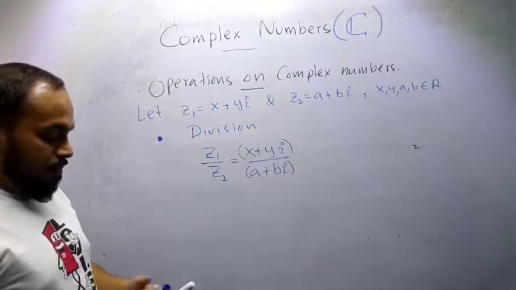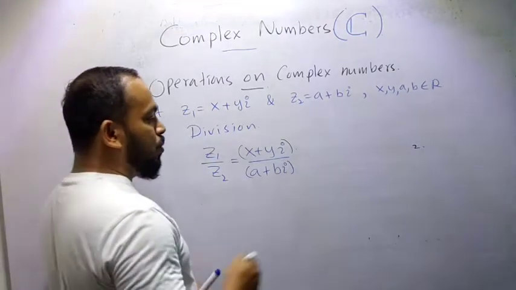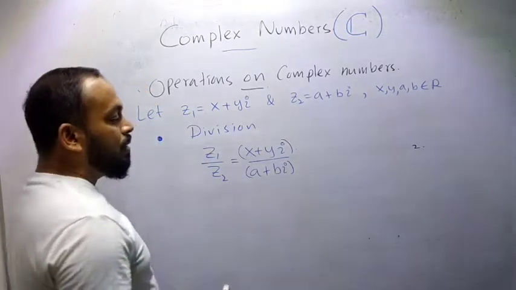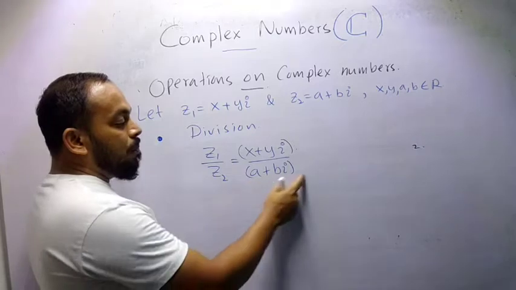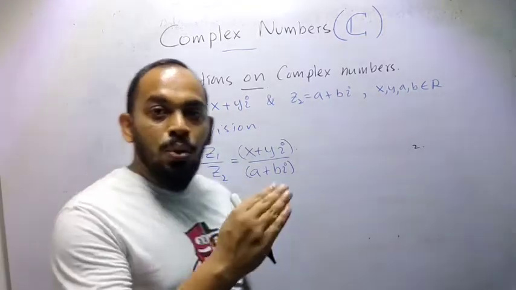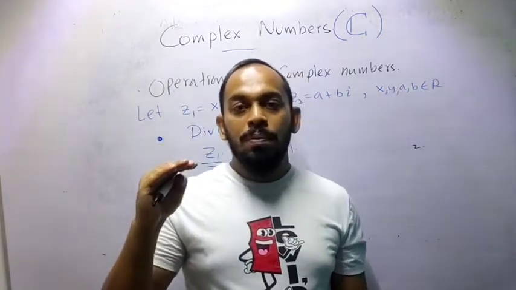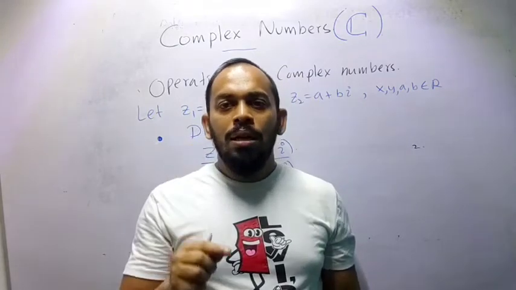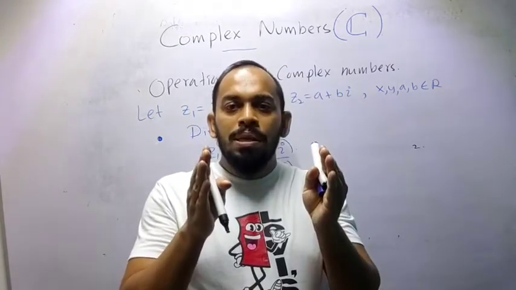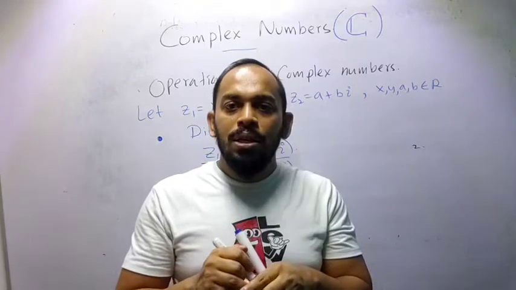If you thought this through, you will probably be right. To get rid of the complex number in the denominator, we saw just before, when it comes to multiplication, and I put a note there: when you multiply a complex number by its conjugate, you get a real number.